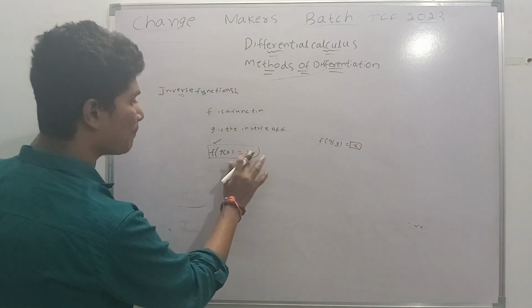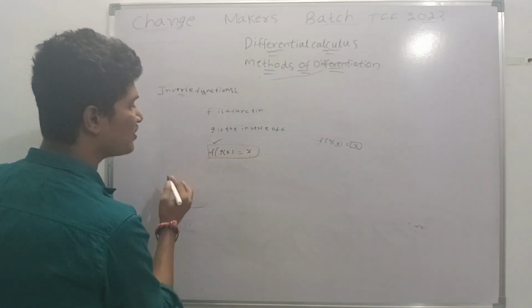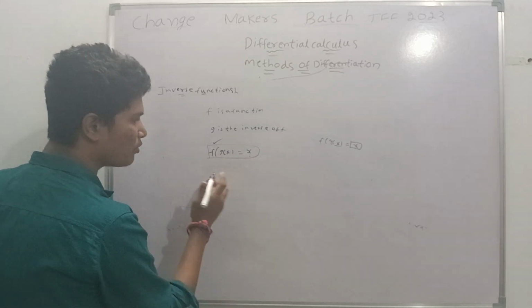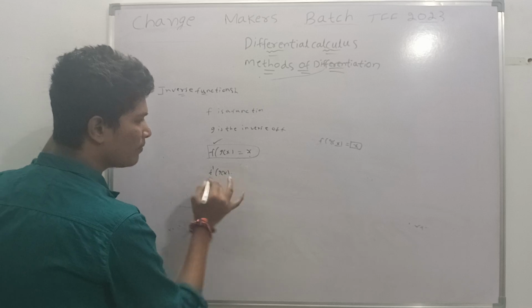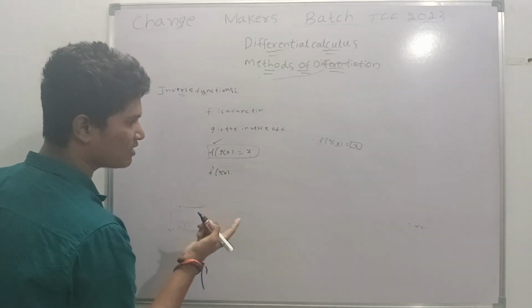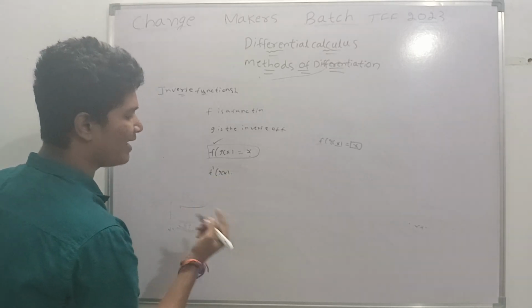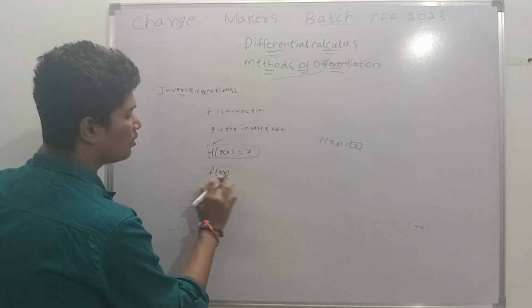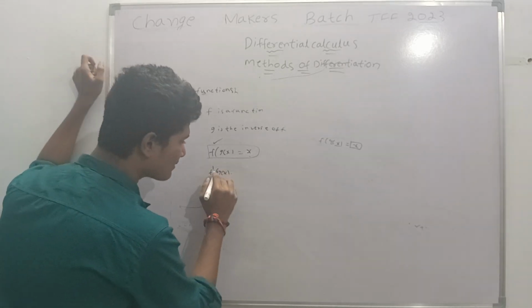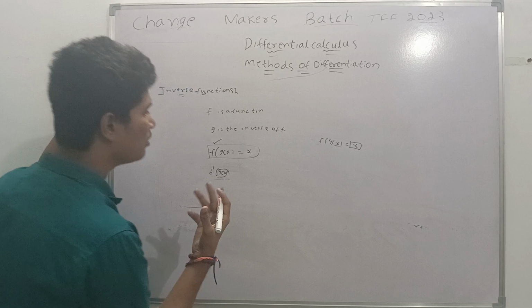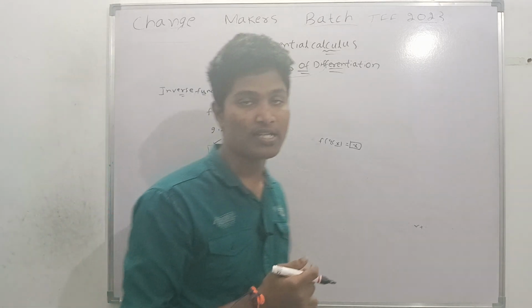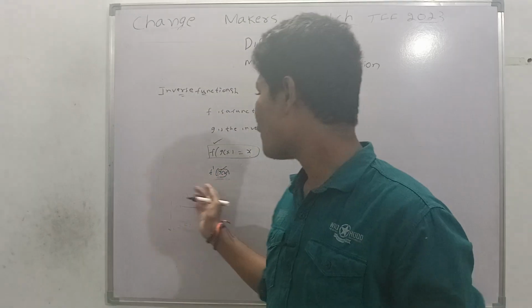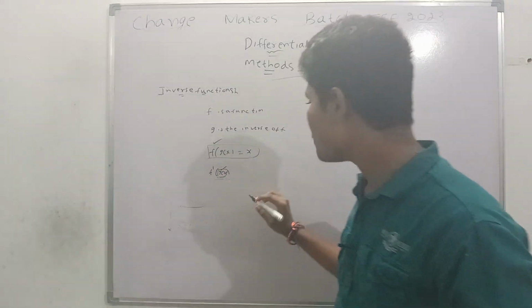And now we apply differentiation to this. Differentiate both sides: f dash of g of x, and next you have to differentiate the inner function, that is g of x, which is present inside f.